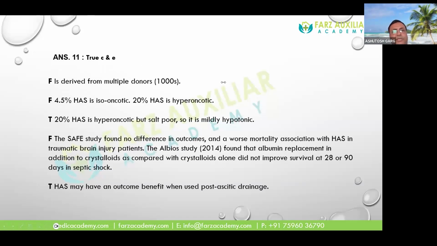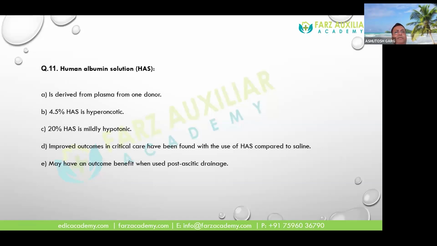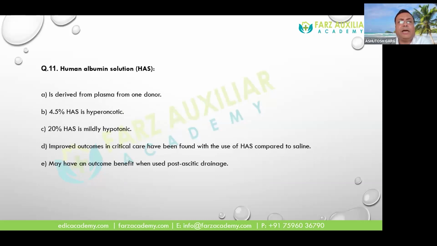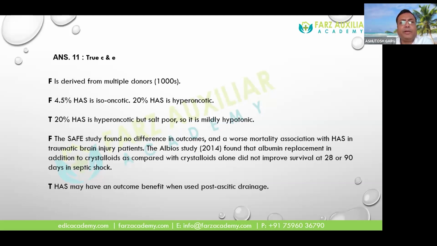So the answer is C and E are correct. 20% is mildly hypotonic and E, may have an outcome benefit when used post-ascitic drainage. Okay. So this is derived from plasma from multiple donors. 4.5% is isooncotic and 20% is hyperoncotic. 20% is hyperoncotic but salt poor, so mildly hypotonic.